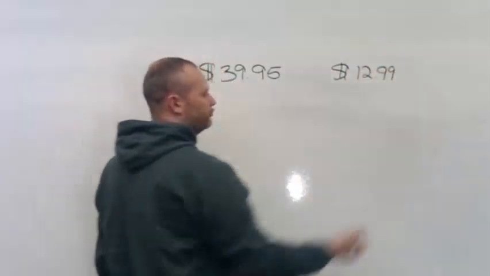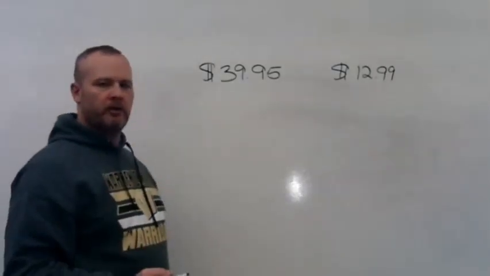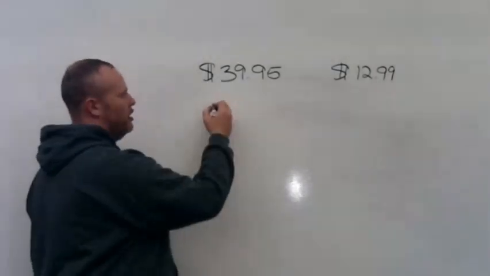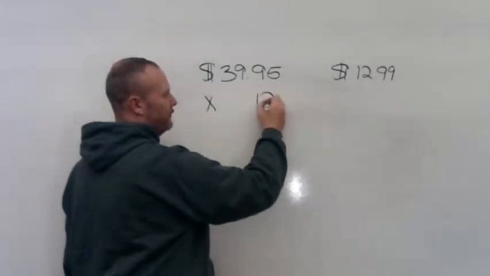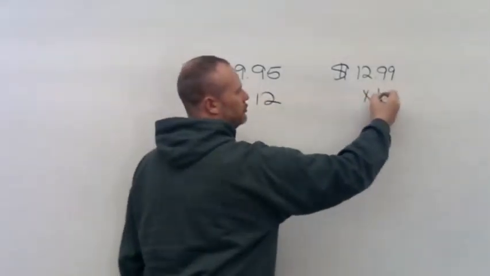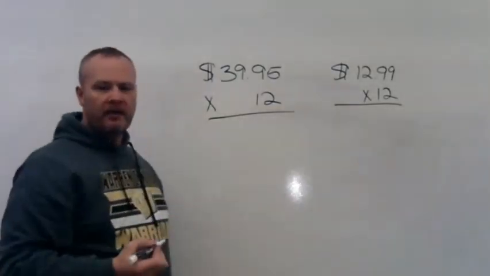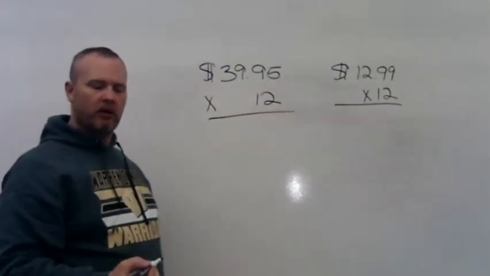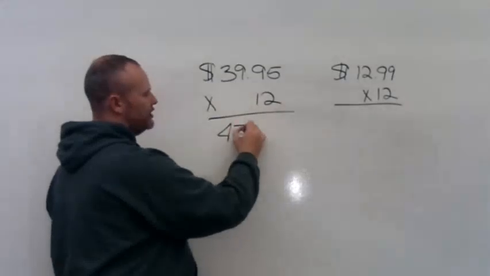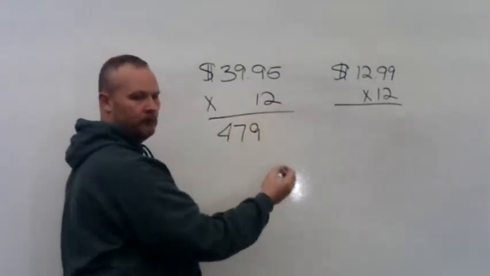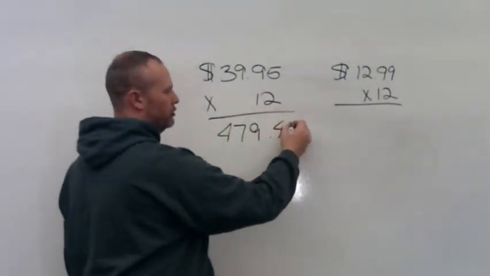per month. As you all know, there are 12 months in a year, so we'll multiply both by 12. $39.95 times 12 is 479.40.